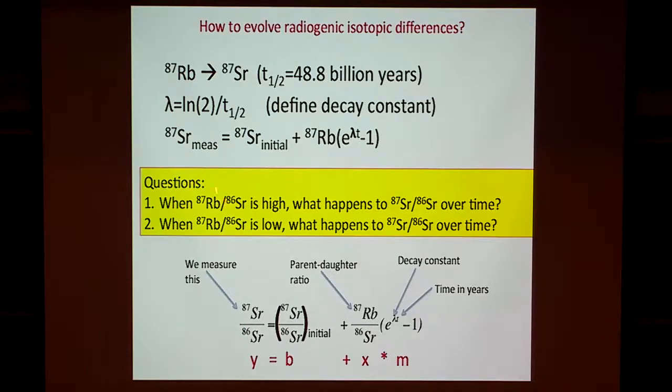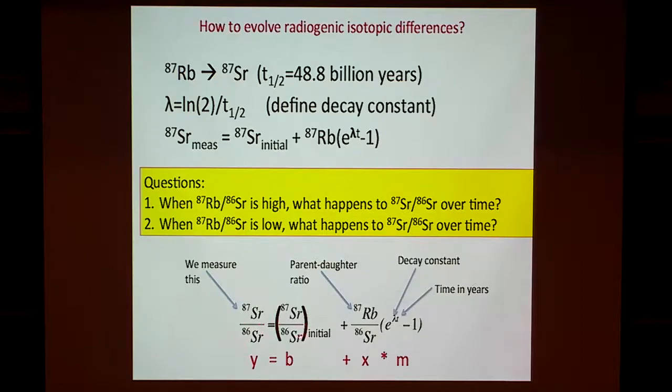So we divide every single term here by an isotope of the daughter, an isotope of strontium that is both stable, so it doesn't change as a result of radioactive decay, and not radiogenic, so it's not itself increasing with time because it's a product of decay. 86 strontium fits the bill, so we divide every term by 86 strontium.